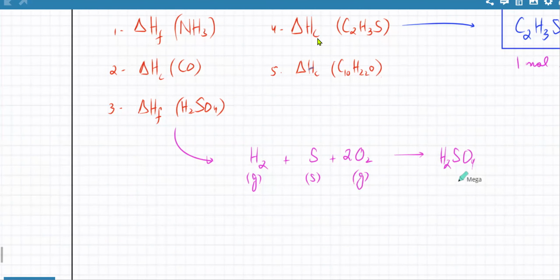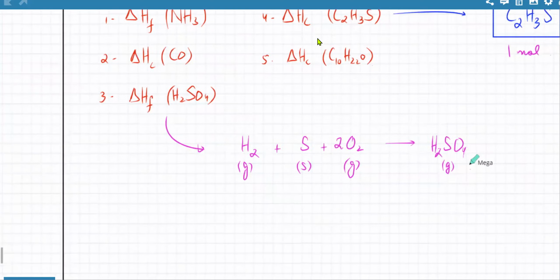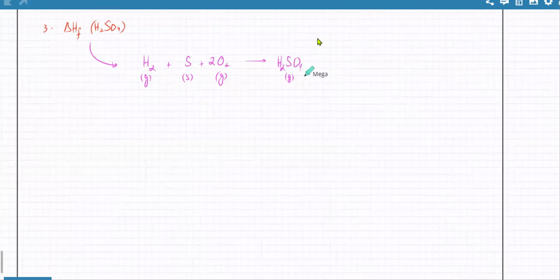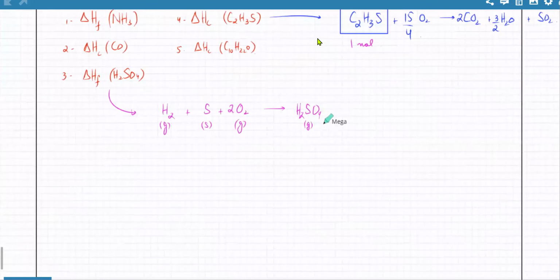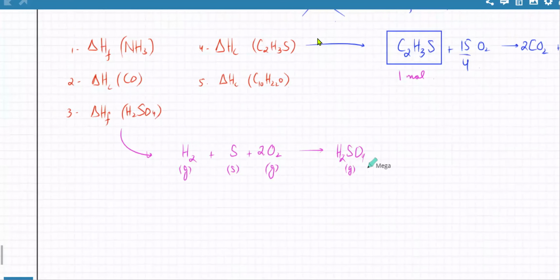So this one is now H2SO4. If it's not dissolved in water, it's a gas as well, but it can be aqueous as well, so it depends on the question. I think I should have been more specific about whether H2SO4 is a gas or in aqueous state. Okay, let's assume it's in gaseous state.